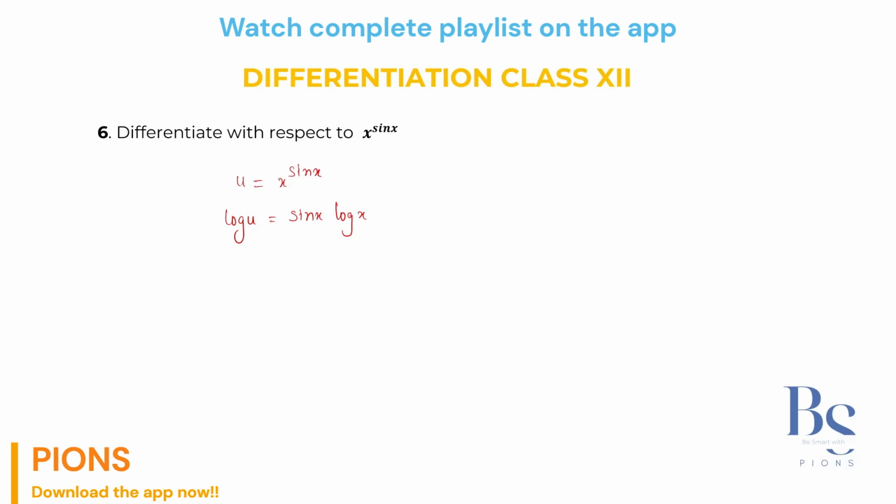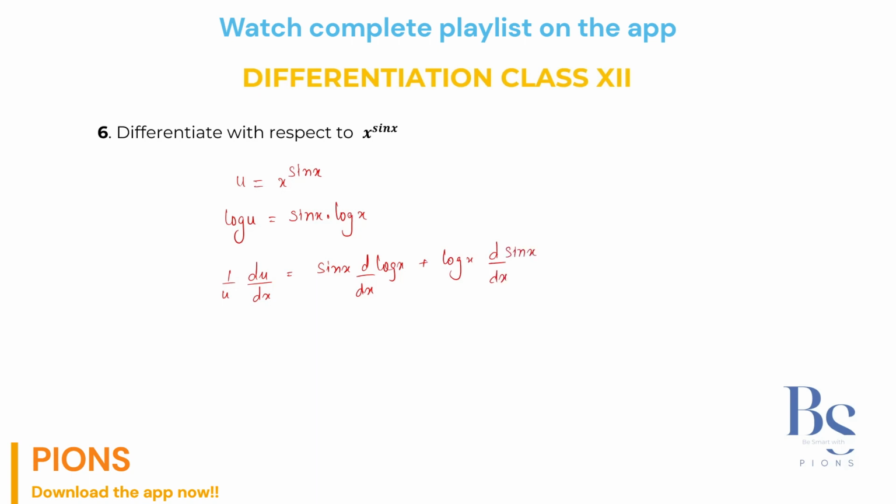Okay, great. Now you have this. Let's differentiate both sides. So log u will give 1 by u and du by dx. And on the right hand side, we will use the multiplication rule: sin x as it is, derivative of log x, plus log x as it is, derivative of sin x.